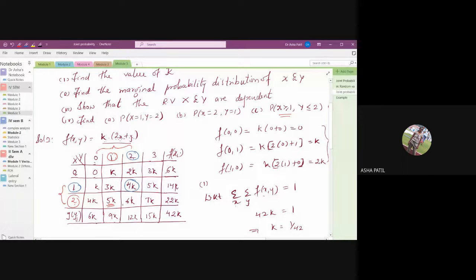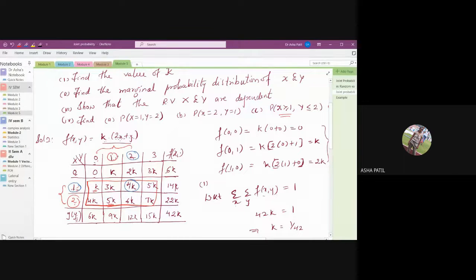So you have to add all these corresponding probabilities. 0 should be included. I think we have to go for these all values. X is 1, y 0, you'll get this value.